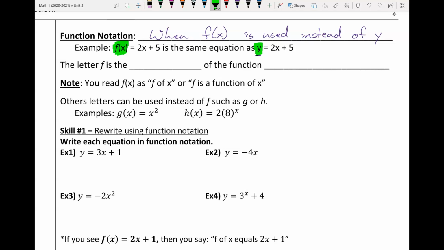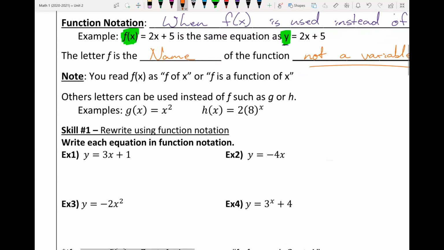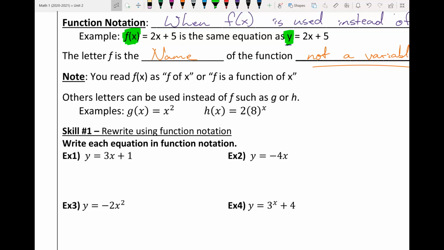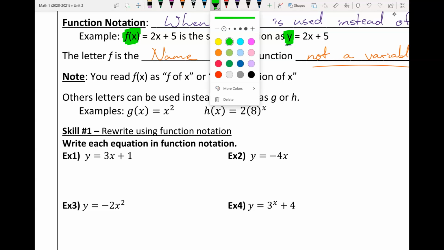Now, what is very important is we need to know that the letter f is the name of the function, not a variable. It is not a variable, it is a name. So it is not f times x, it is f of x. Now, we can use a lot of other letters, as we see in this quick example here.